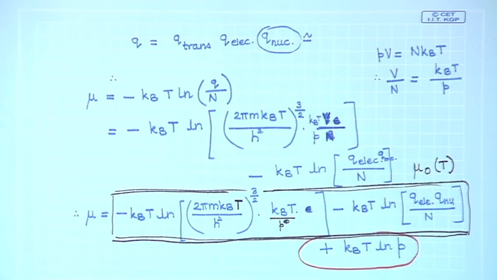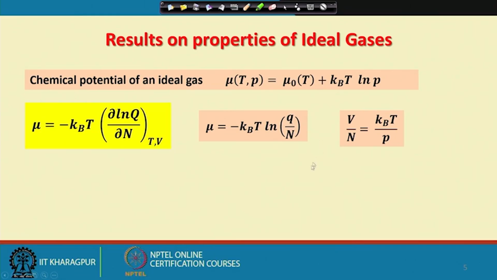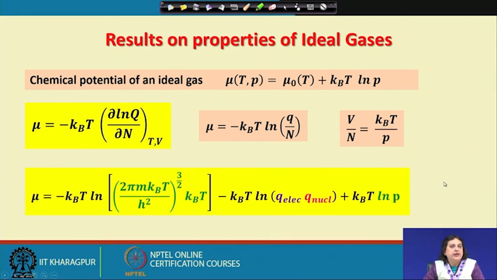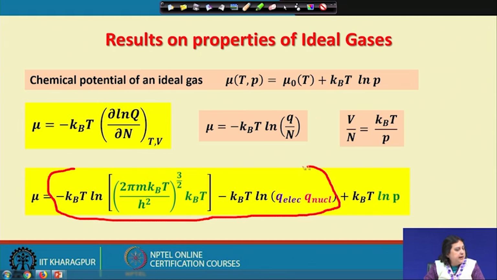Using the relationship between volume and pressure, N and T, we have been able to show that my mu is going to be comprised of two terms. The first term is dependent on temperature and the intrinsic properties of the system like m, Q electronic and Q nuclear.